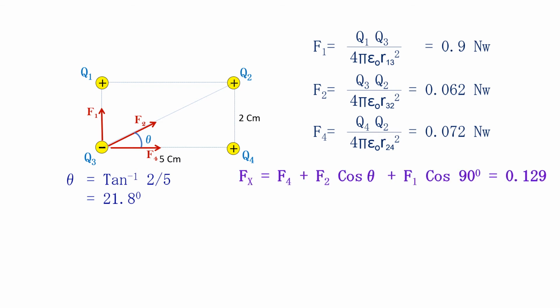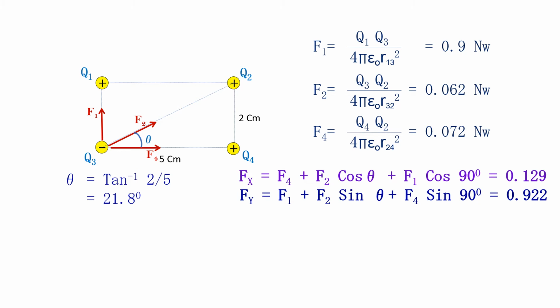The x component of these three forces will be F4 plus F2 cos theta plus F1 cos 90 degrees. It will come as 0.129. The y component, F1 is in the y direction, F2 sin theta is the vertical component, F4 sin 90 is the vertical component of F4.